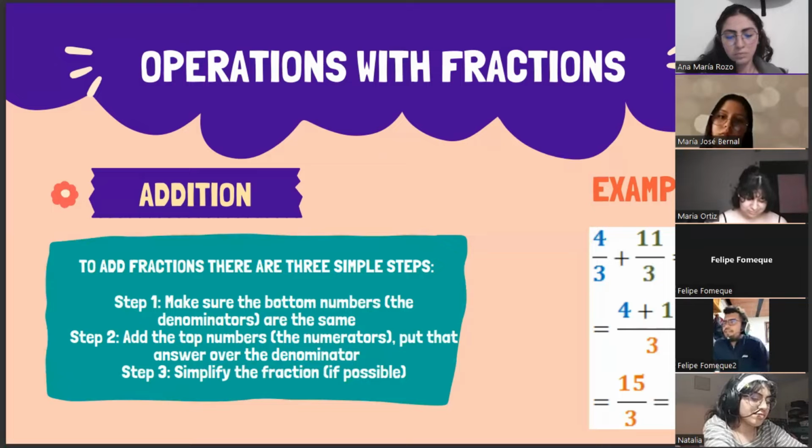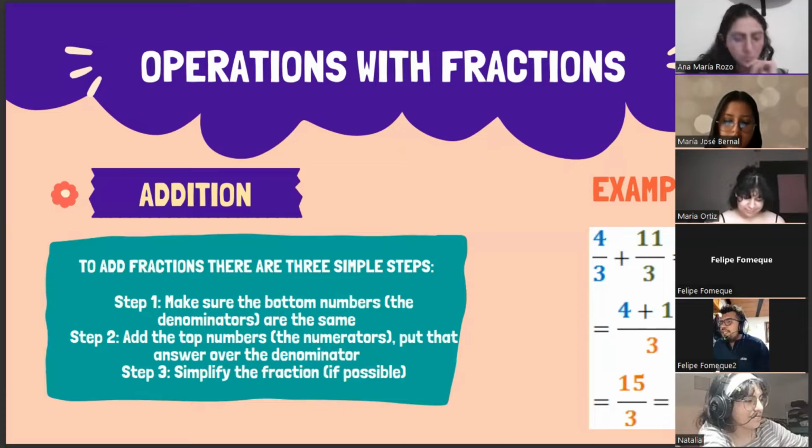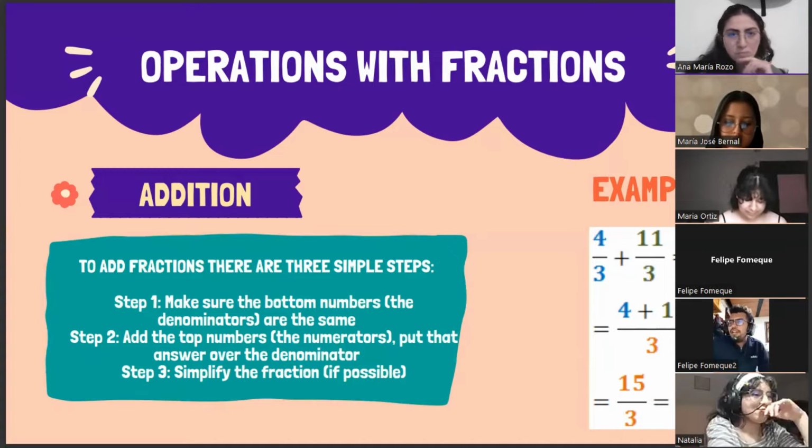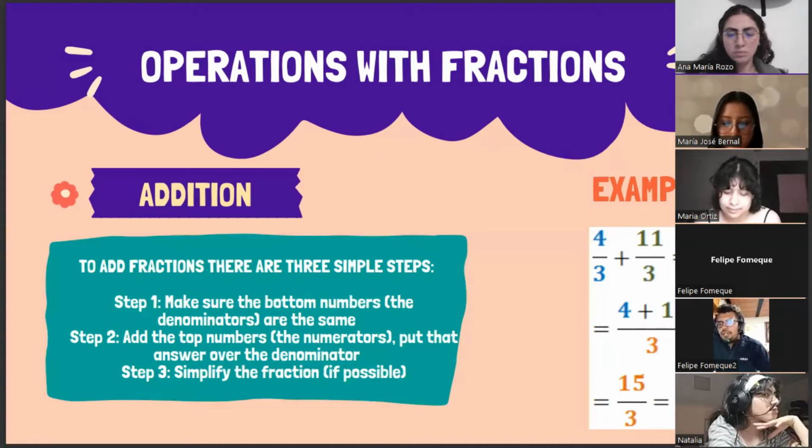So we can use an addition: 4 plus 11. That means the result is 15 thirds, using the rule. If we simplify this operation, we have the answer as 5. In this case, it's possible to simplify. So yeah, we can use that strategy if possible.